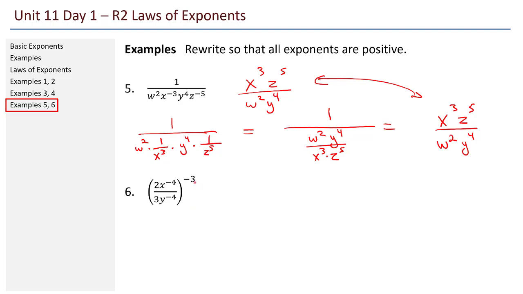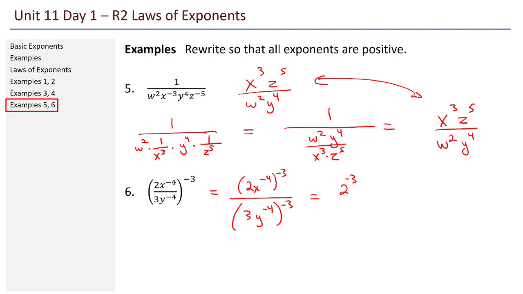In example number 6, I have a negative 3 as my exponent, but that's okay. I'll distribute that just like I've done before. And so I get 2x to the negative 4 to the negative 3 all over 3y to the negative 4 to the negative 3. So I get 2 to the negative 3.